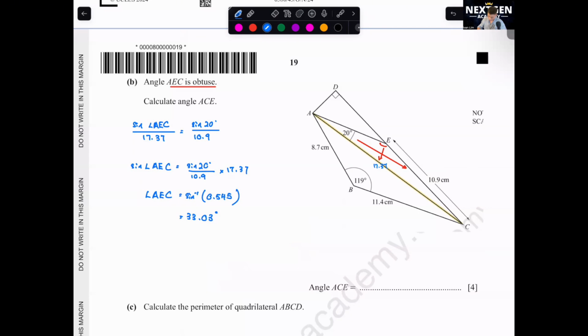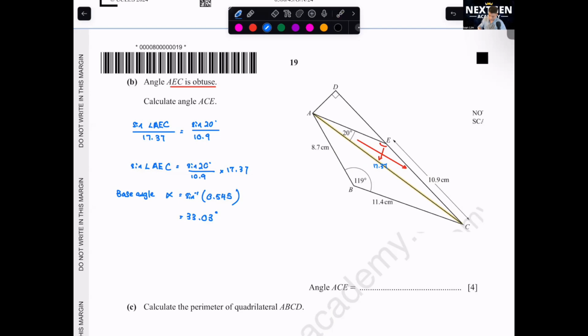But this is not the value itself, because this is not AEC. In fact, this one is the base angle. Because it's an obtuse angle, I won't be writing AEC first. We'll write base angle alpha. Do you all remember why we have to use this? This is how we solve our trigo.